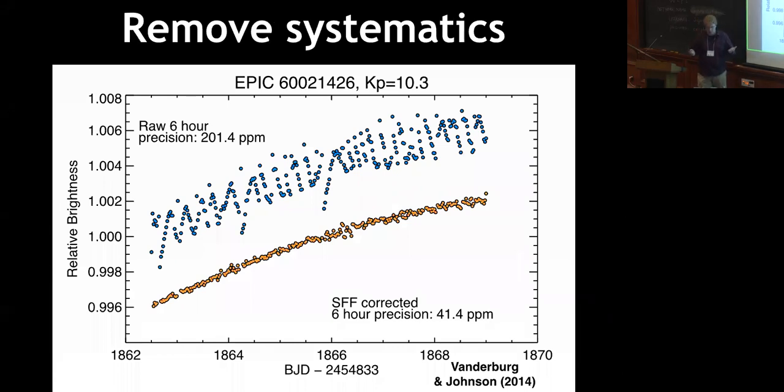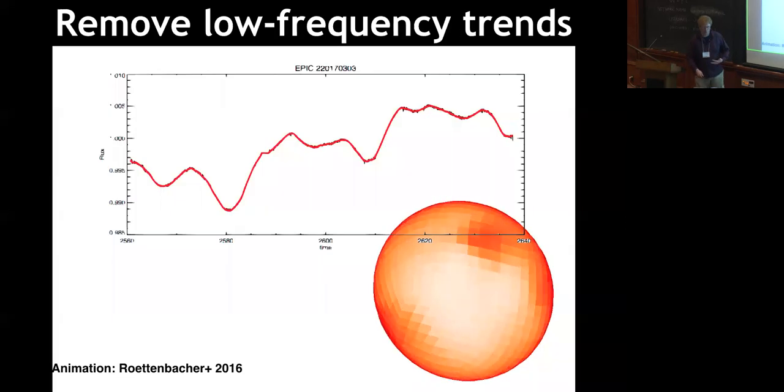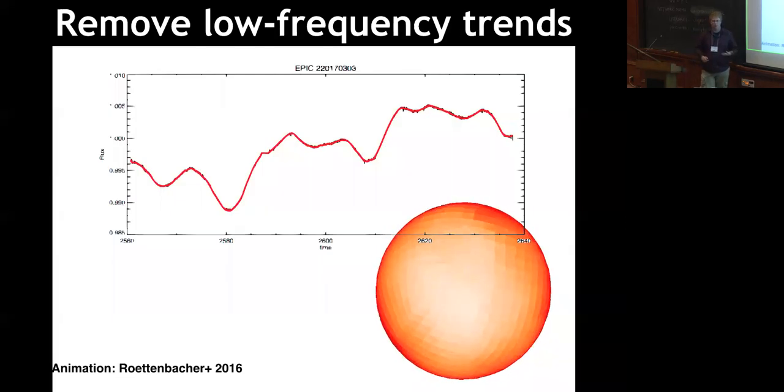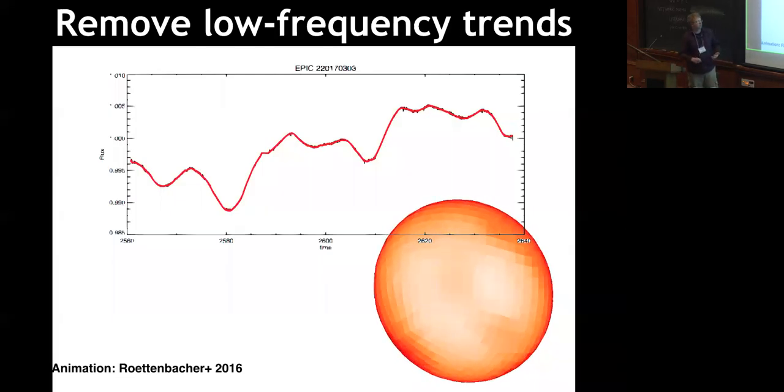So the next step in the process, after you've removed systematics and produced your brightness time series, which we call a light curve, is you have to get rid of some of the low frequency trends. So this light curve here shows a rise upwards as the time goes on. These rises can be caused by instrumental effects, but they can also be caused by things like star spots. So imagine you have a star that's rotating.